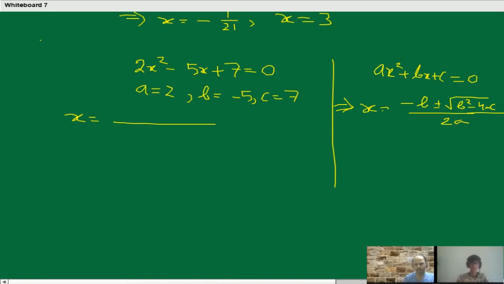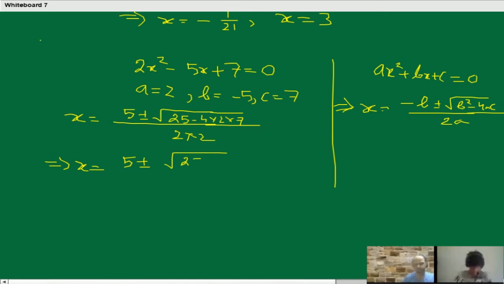So x would be negative b, meaning negative of negative 5, that would be 5, plus or minus root 25 minus 4 into 2 into 7, over twice of 2. So the values of x would be 5 plus or minus root. Let's make it negative 7 instead of plus 7.